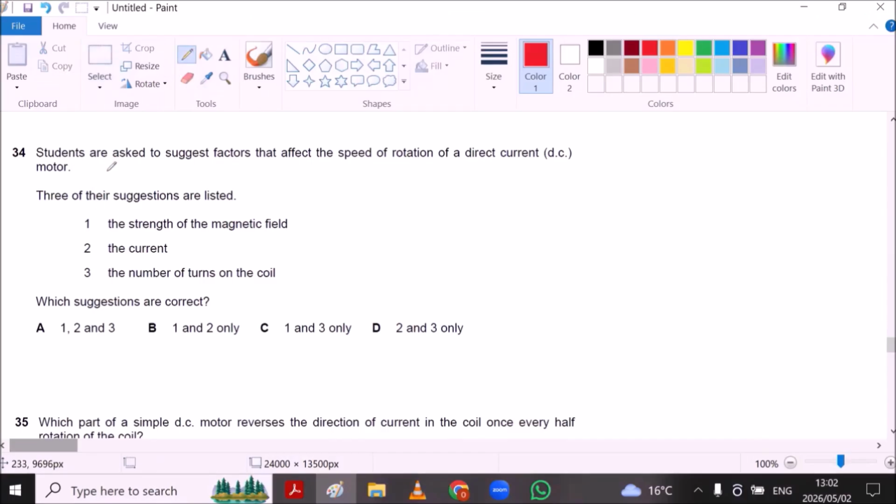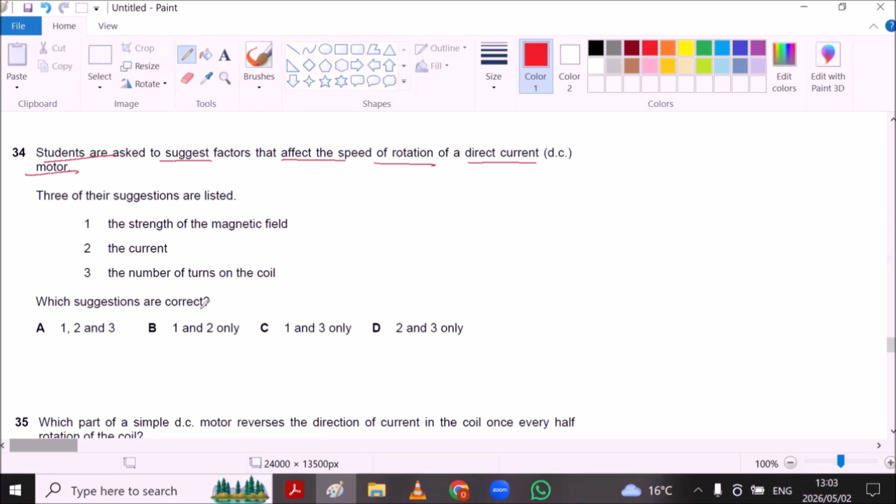Now let's look at typical examination questions. Students are asked to suggest factors that affect the speed of rotation of a DC motor. Three of their suggestions are listed. 1, the strength of the magnetic field. 2, the current. 3, the number of turns on the coil.